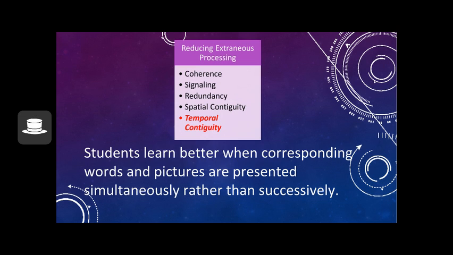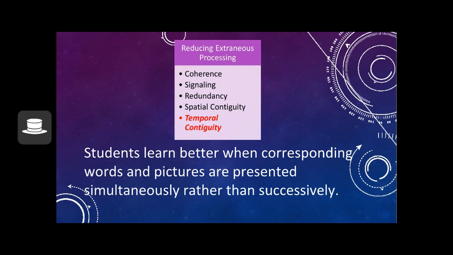What we learned from the spatial contiguity principle is that repeating information only helps students commit that information to memory. The temporal contiguity principle suggests that our students are more likely to understand multimedia presentations when corresponding words and pictures are available in working memory at the same time.